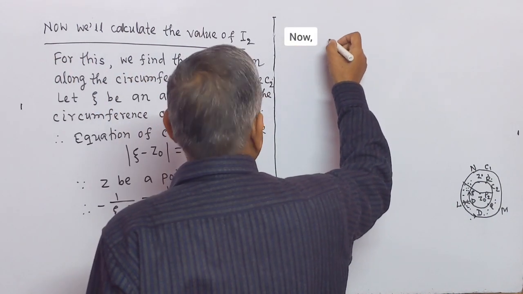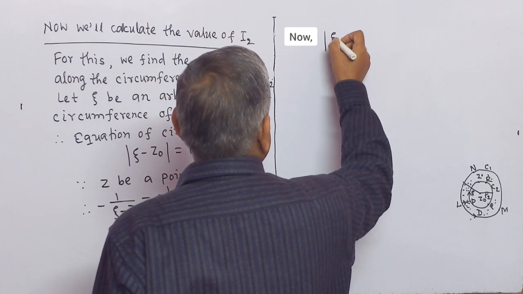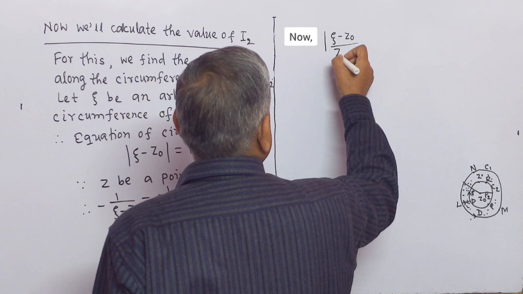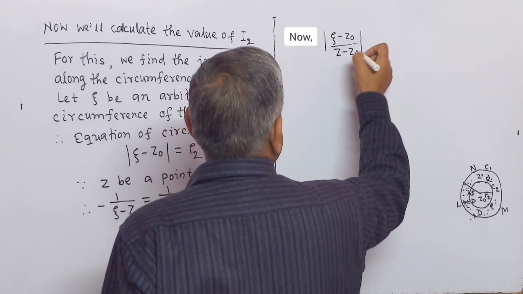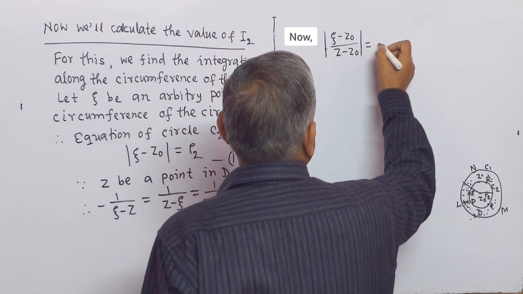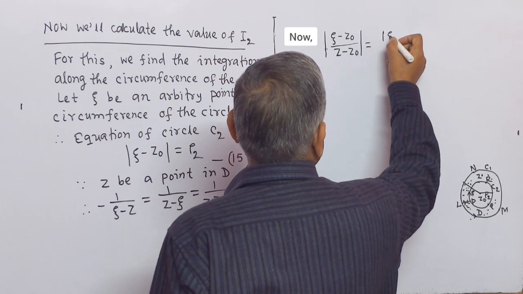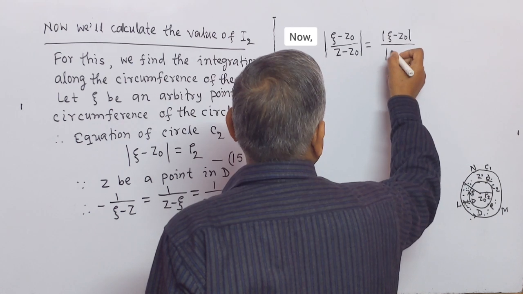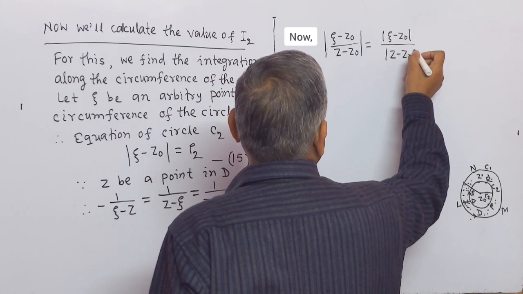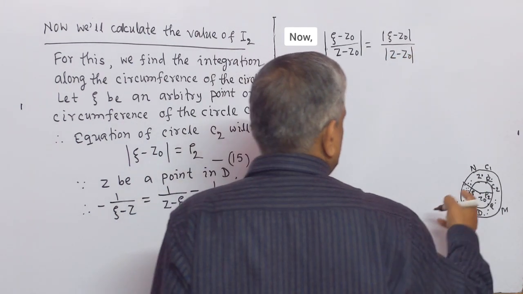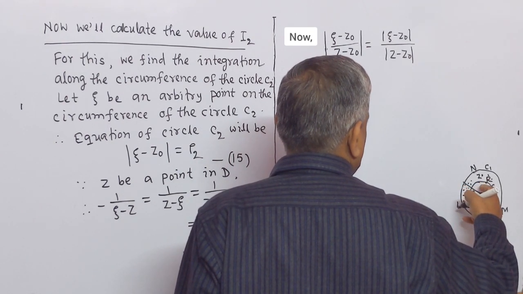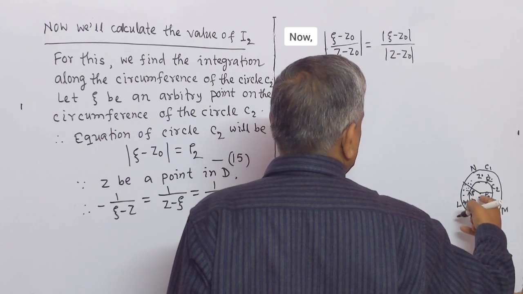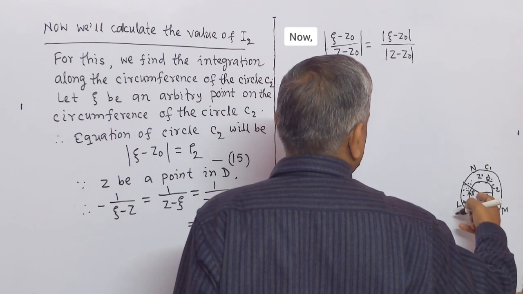Now modulus of xi minus z naught by z minus z naught equals modulus of xi minus z naught by modulus of z minus z naught. Here xi is on the circle C2 and z naught is the center.